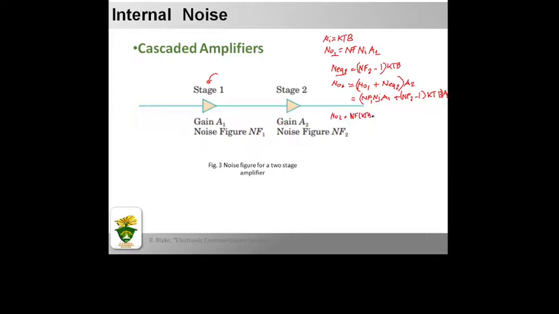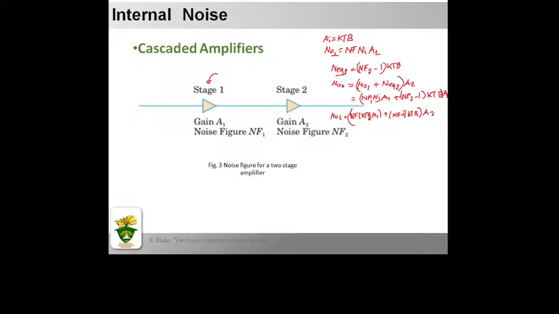That is the equivalent of Ni times A1 plus (NF minus 1) KTB A2.